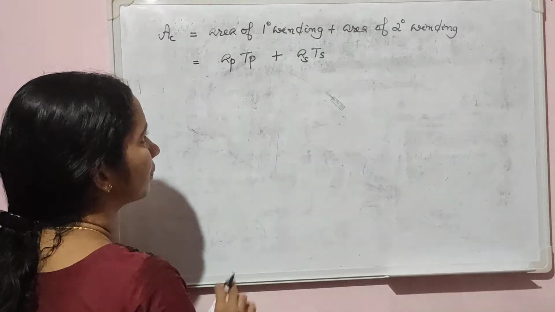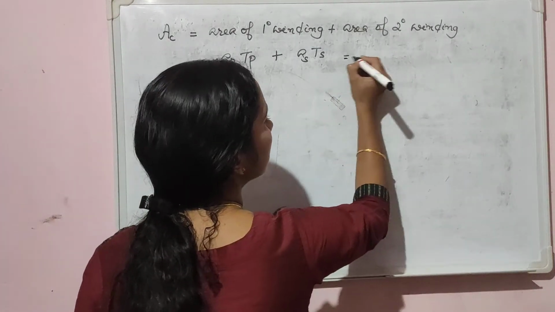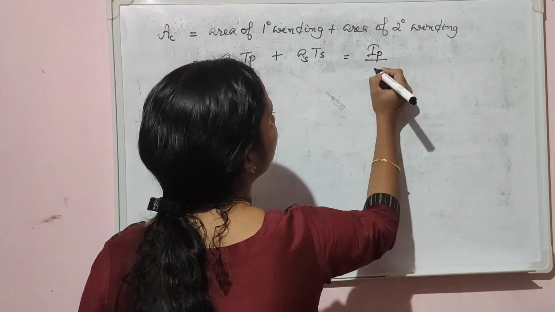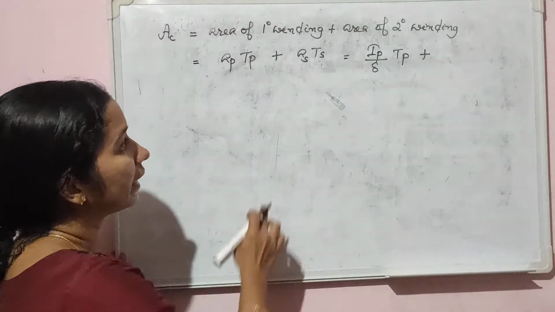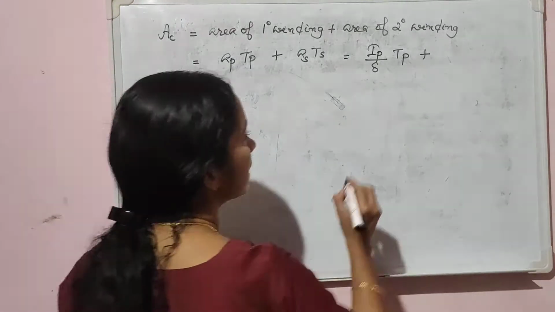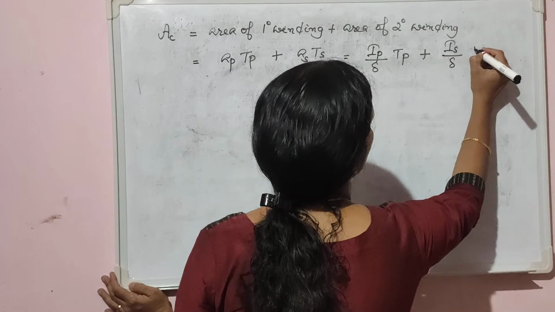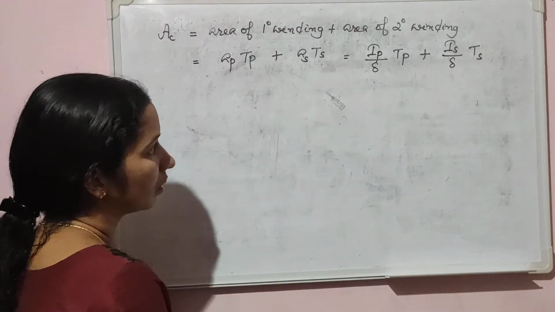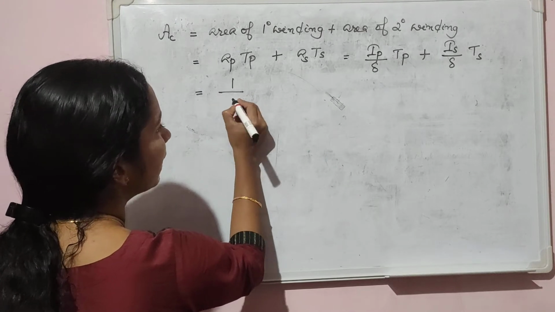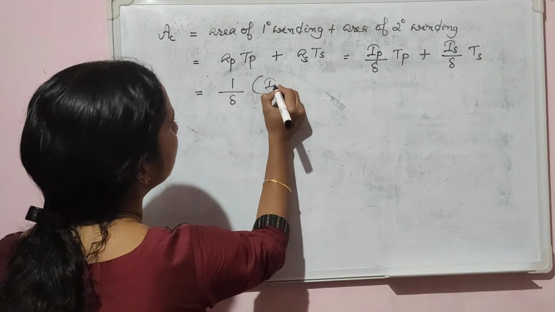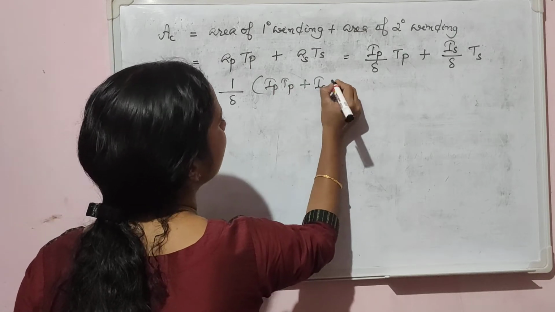And we know that AP, area of cross section of primary, we have denoted it as IP divided by delta into TP, plus we have denoted area of secondary conductor AS as IS divided by delta, so into TS. So now we can represent this as 1 by delta into IP TP plus IS TS.